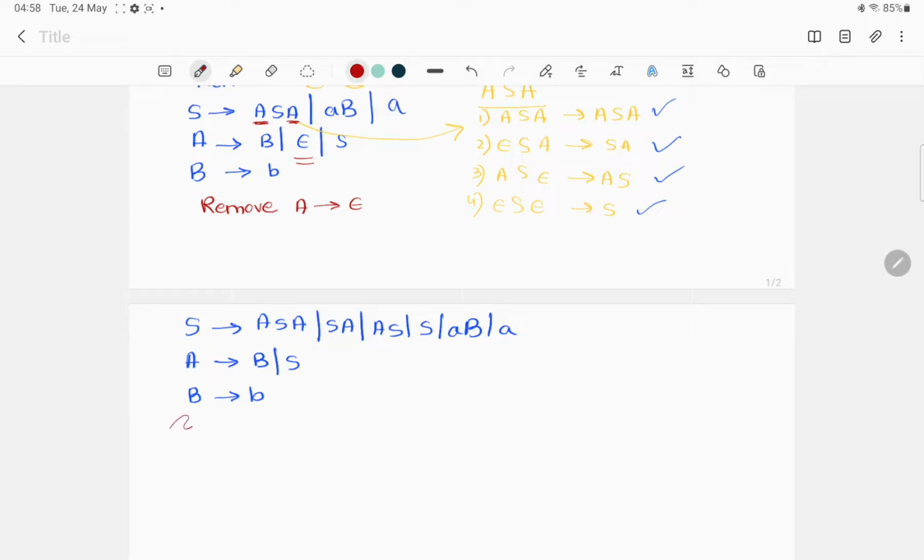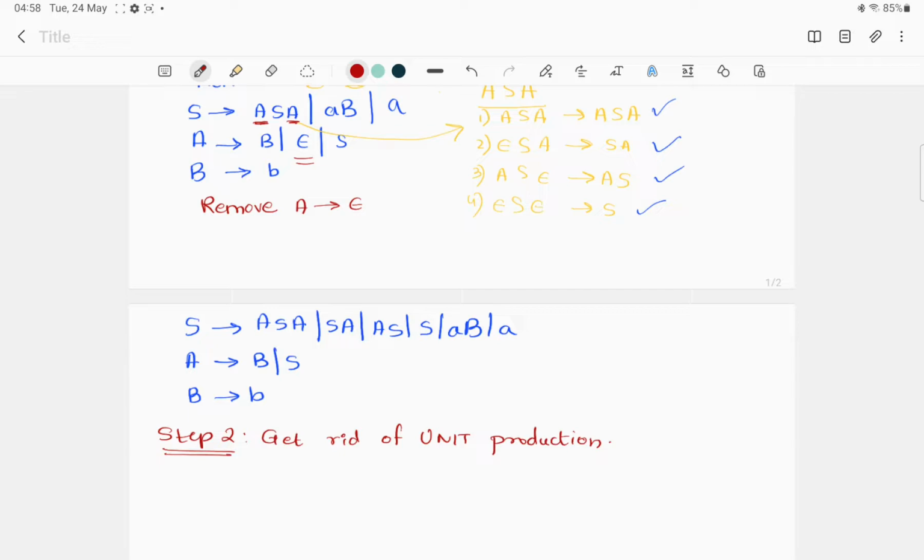What is step 2? Step 2 says get rid of unit productions. Now what are unit productions? A unit production is something which has a single capital letter on the left side and a single capital letter on the right hand side. That is, variables on the left and right.